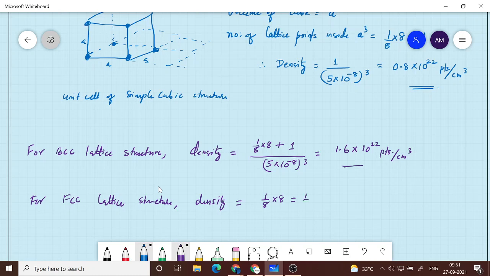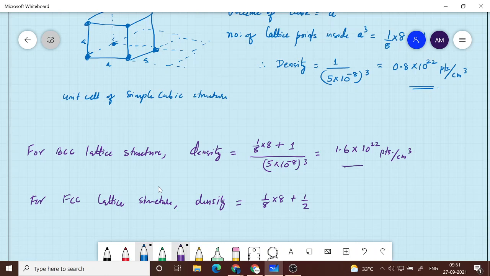There are 6 faces, and each face is shared by 2 cubes, so only half essentially belongs to one.